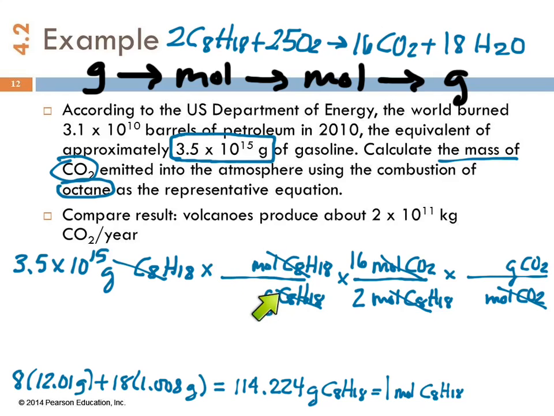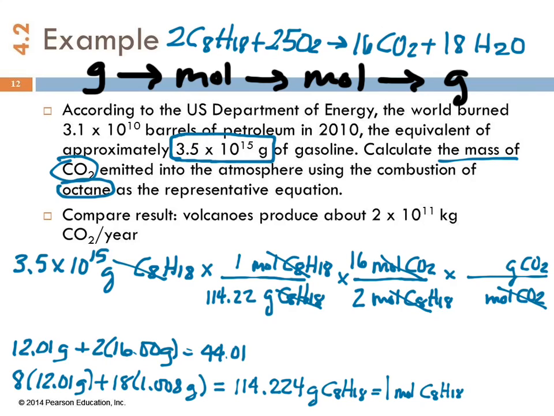So in the molar masses, the number 1 always goes with the mole, and the other number always goes with the grams. And then we need the molar mass of carbon dioxide, 12.01 grams plus 2 times 16 grams is 44.01 grams. CO2 equals 1 mole of CO2.